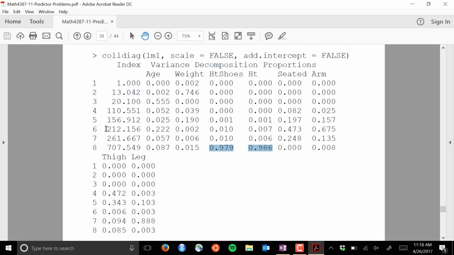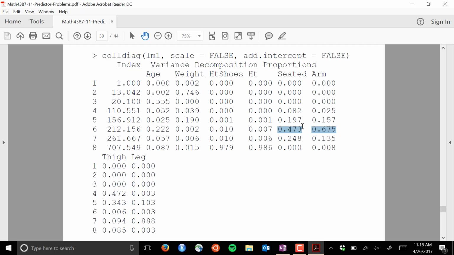If we look at the row right here, row number 6, we see another large condition index. As we move right along this row, we can see that both the seated and arm regressors have large variance decomposition proportions.